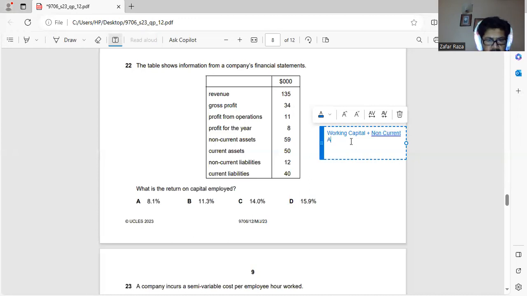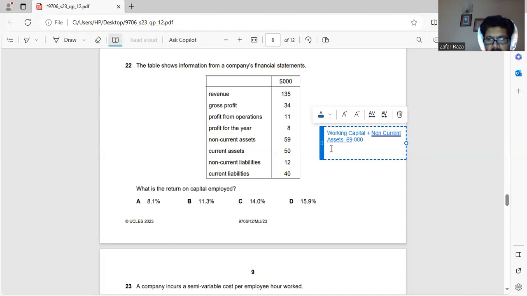Non-current asset is 59, current assets 50, current liabilities 40. The answer is 69. $69,000 is capital employed.